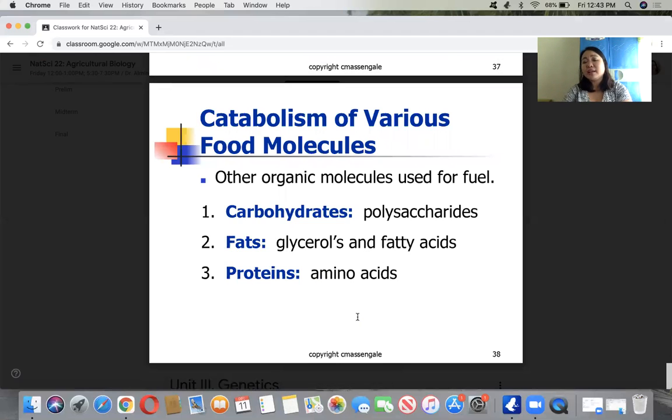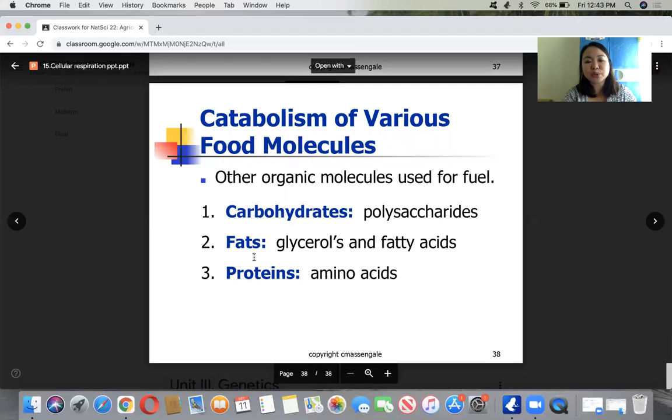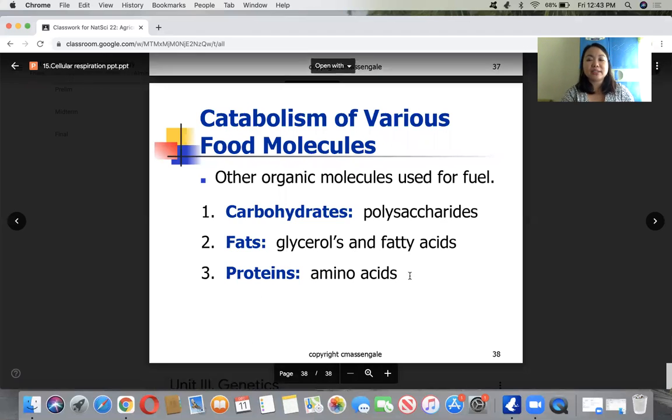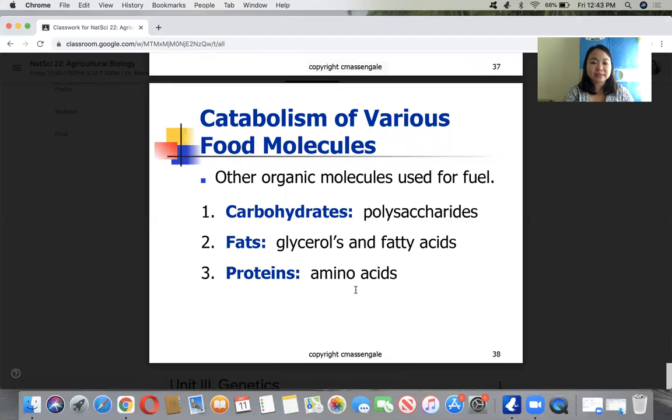As you can see, the first organic molecules being used by plants and all living things are actually carbohydrates in the form of polysaccharides. But when carbohydrates are depleted, then you use the fats. And when the fats are depleted, they use the proteins as amino acids.